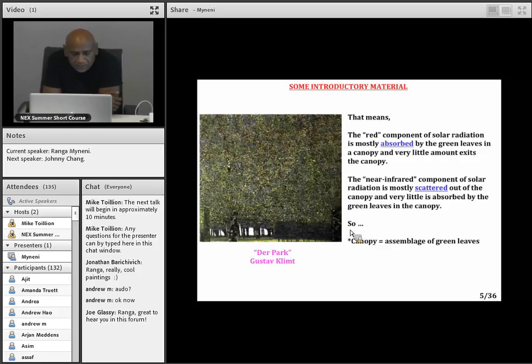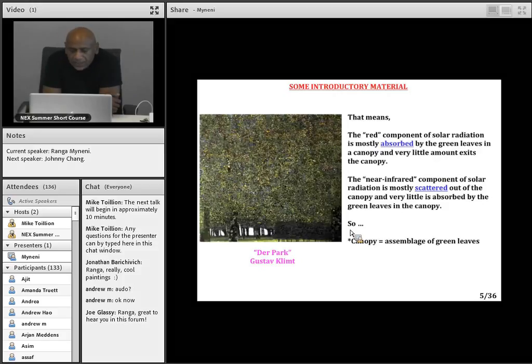And here you see a wonderful painting by Gustav Klimt, and it's called Der Park, and it nicely illustrates what a canopy is. And the red component of solar radiation is mostly absorbed by the pigments in the green leaves in this canopy, the Klimt canopy, if you will, and very little amount leaves this canopy at the top and at the bottom.